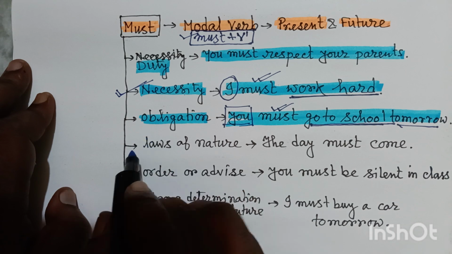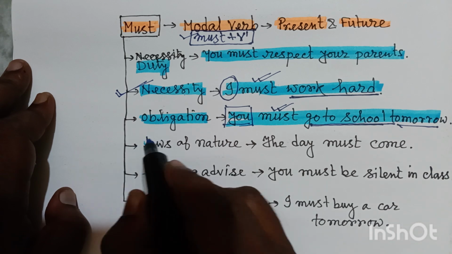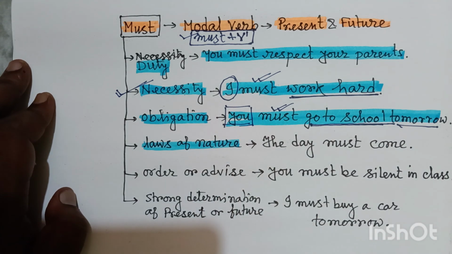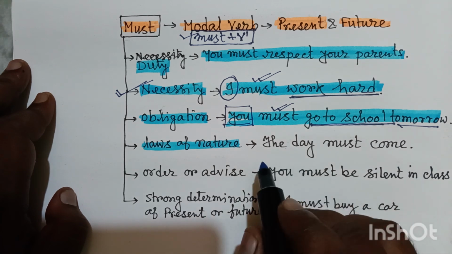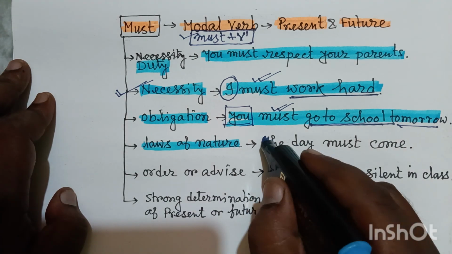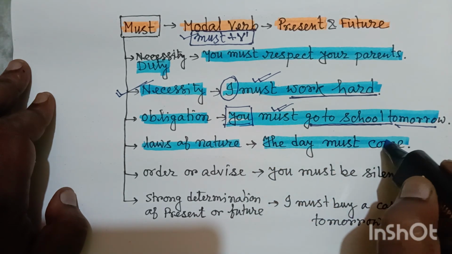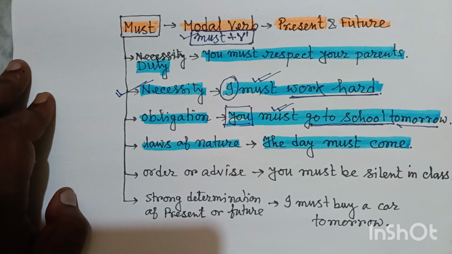Next, you can see we can use must to show laws of nature. For any kind of law of nature, or the process or the system of nature, we can use the modal must. Here I have written: the day must come. So it is a natural phenomenon.